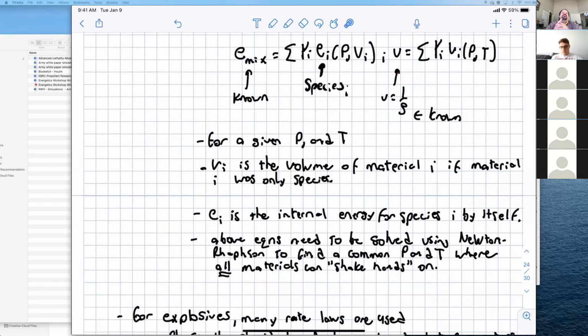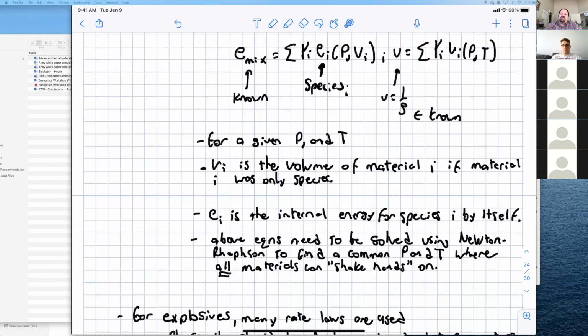I think in Bala's group, they did some JWL blasts for their former PSAP center. They were just doing traditional blast work where you had just two equations of state, JWL products and air. Those are two completely different equations of state. You can't mix and match them like you do with most other models, so you have to go through this formal PT equilibration process.